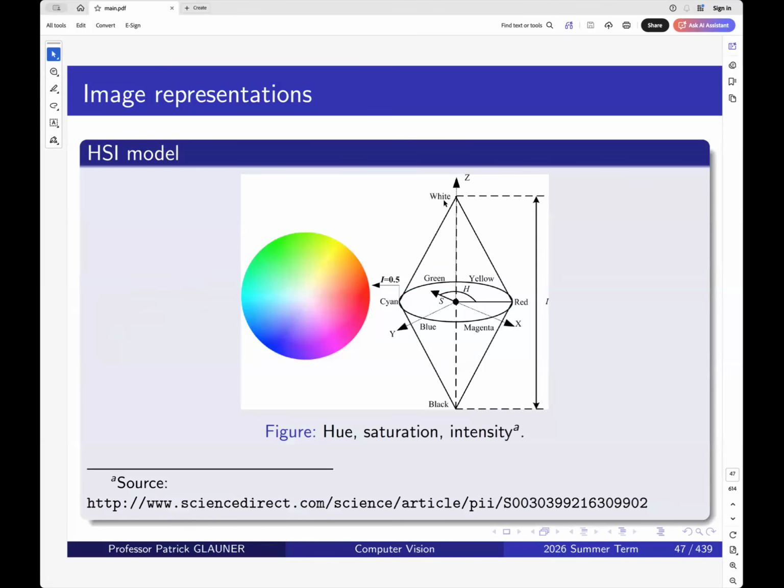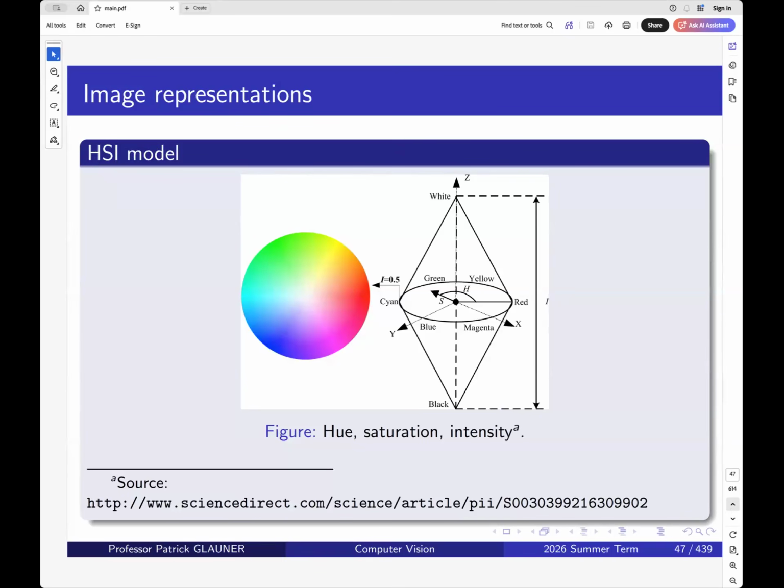Now, there's a whole family of color models as well. One here is the HSI model. Has any one of you ever seen a color model like this, HSI? Maybe you have seen something like this in Photoshop or somewhere. A few have seen it.